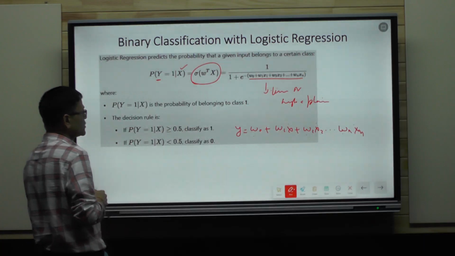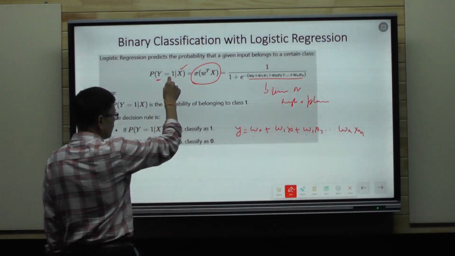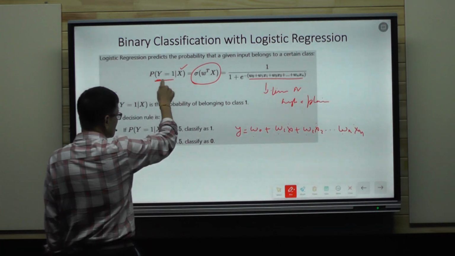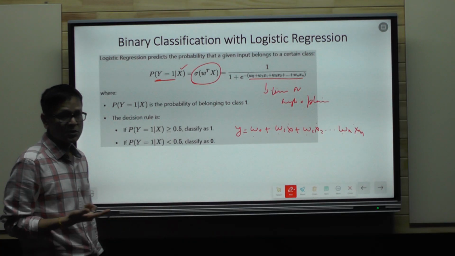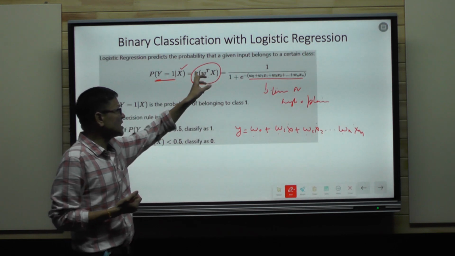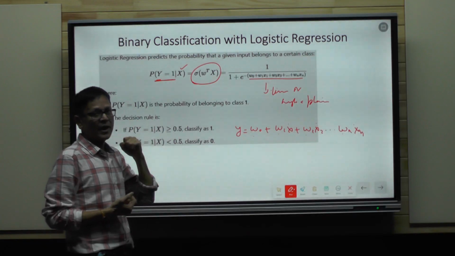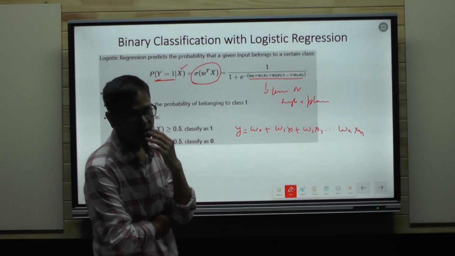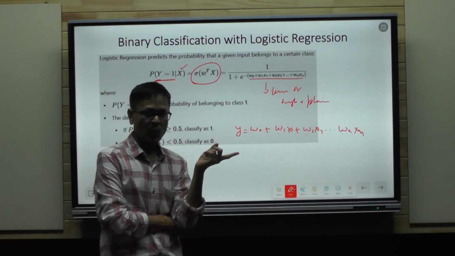So for a certain input, we can test whether this y belongs to class 1 or class 0. If the value computed by the sigmoid function is above the threshold, we can say that yes, it belongs to class 1.